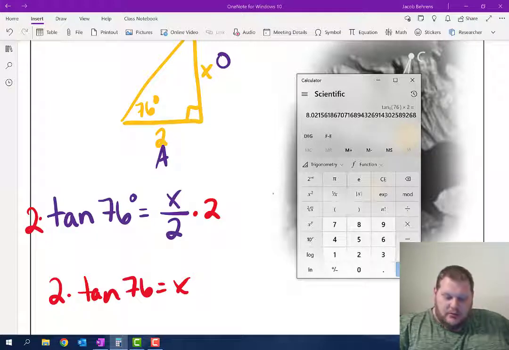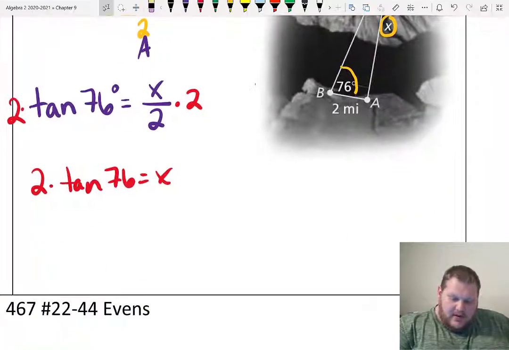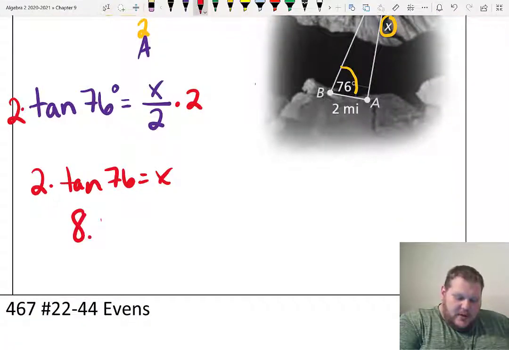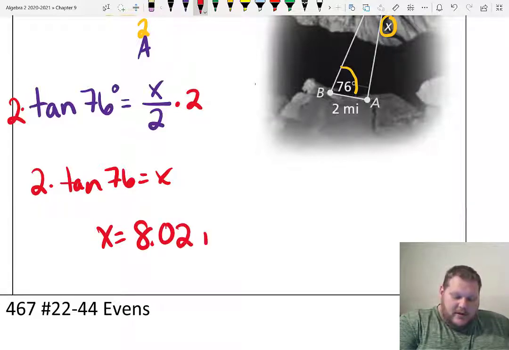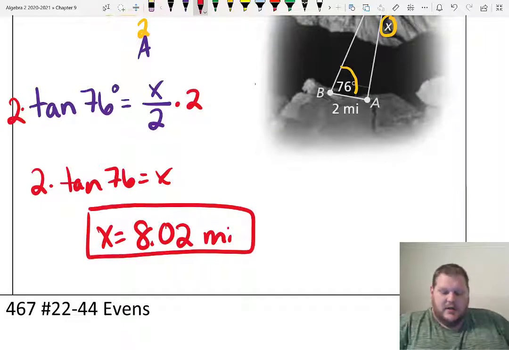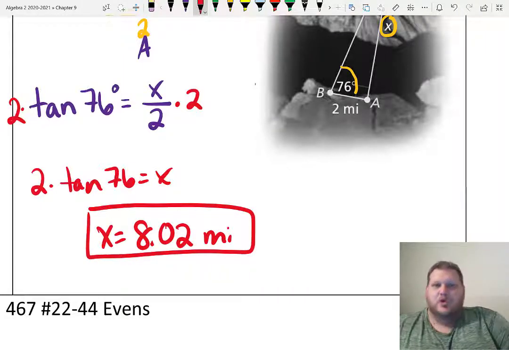So 8.02 ends up being my final value there. Actually, not just that, because this is a word problem, and you guys know, if we're given units, we should give units. So 8.02 what? 8.02 miles.